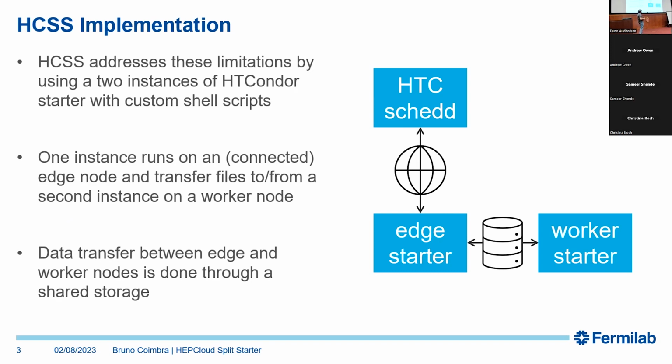So the way it works, and I'll expand a little bit more on that, but basically, we have it started on the edge node, which will talk to the SCAD. These guys here will be responsible for downloading everything that we need from the SCAD and uploading it back. The starter on the worker node is a part of it actually doing the work. And the way we transfer data from here to here is basically through a shared file system.